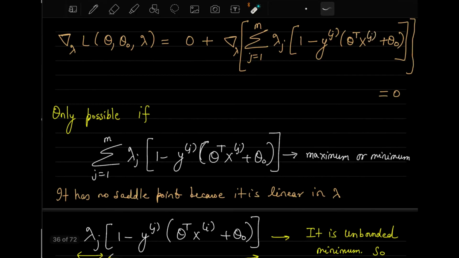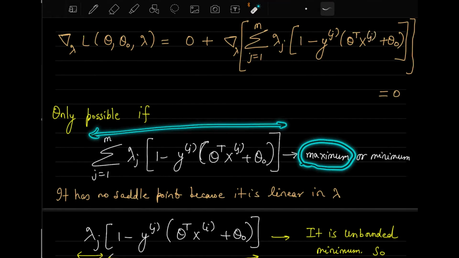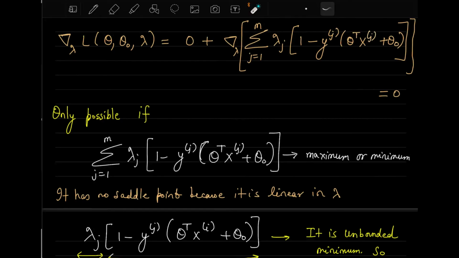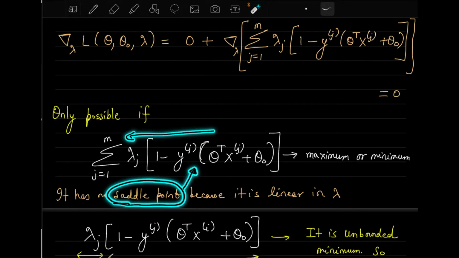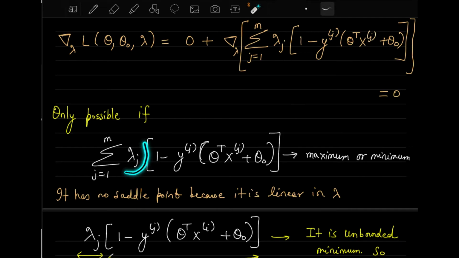If you see this function closely, we want to analyze whether we have to go to the maximum or to the minimum to find the value of lambda where the derivative is equal to 0. There will be no saddle point for this particular equation, because it is linear in lambda. It is a linear equation in lambda, so there will be no saddle point because it's a straight line.